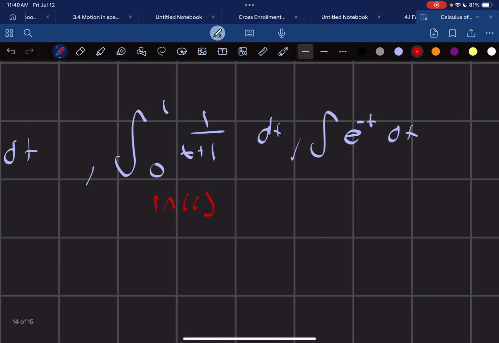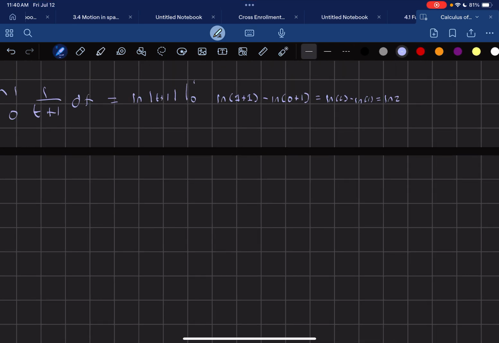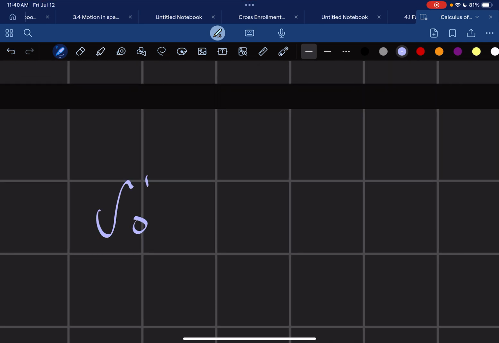Now we just do this final integral. Integrating this one, for e to the power of negative t, the antiderivative is negative e to the negative t. Now we just evaluate this from 0 to 1.